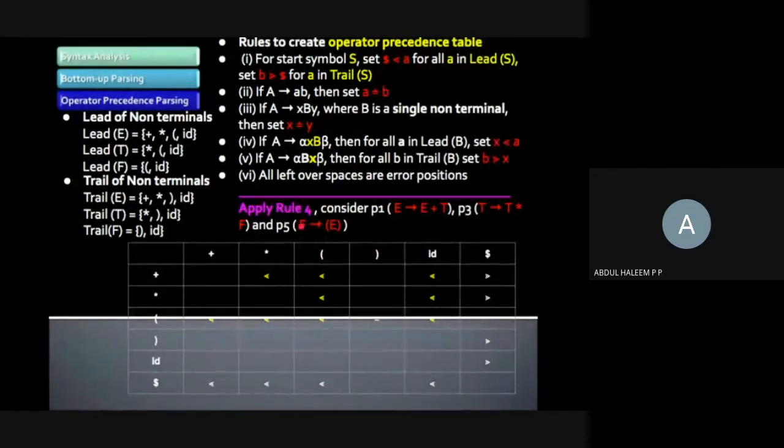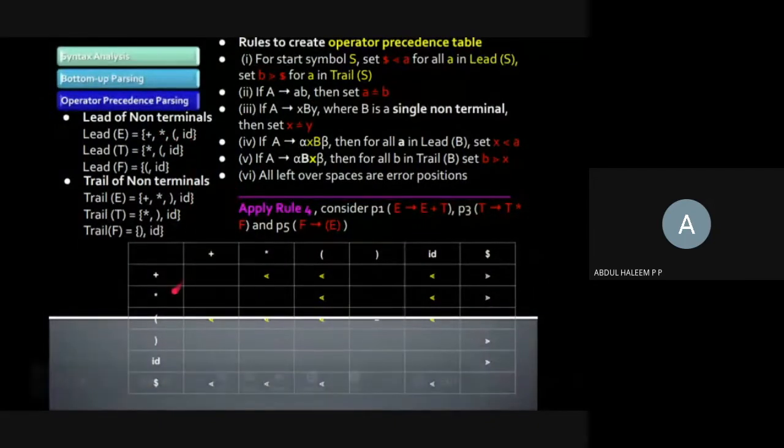Now the last production for rule number 4 is F derives E within parenthesis. Left bracket is X here. B is E. So left bracket is less than lead of E. Lead of E is plus, star, left bracket and ID.